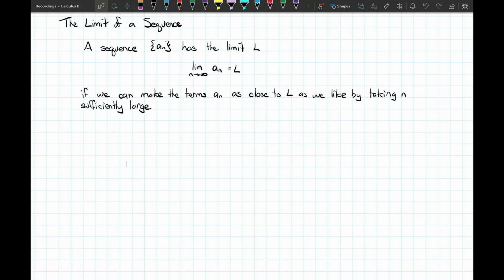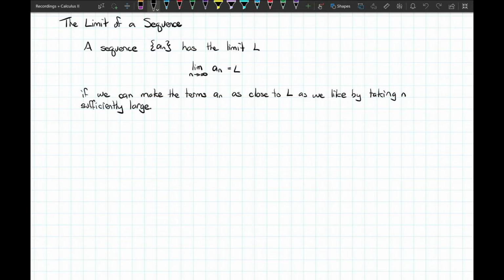Now, the definition for the limit of a sequence is very similar to the limit of a function. We can get a little lazy with our notation sometimes, and instead of saying infinite sequences have to always be written as the curly brackets around a_n from n equals 1 to infinity, we can assume that when we put a_n in curly brackets, we already mean a sequence.